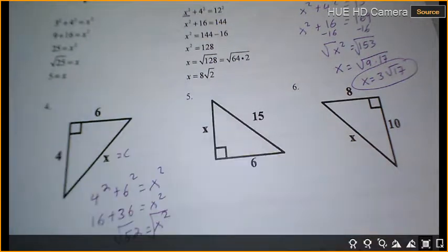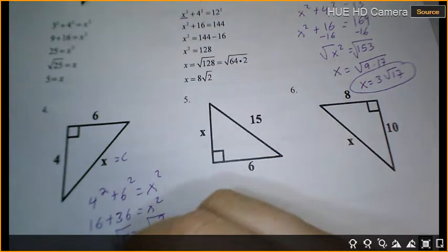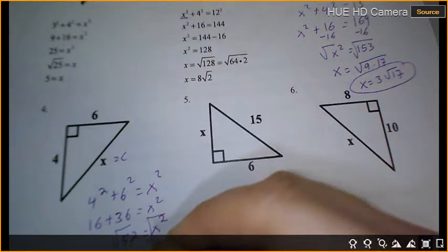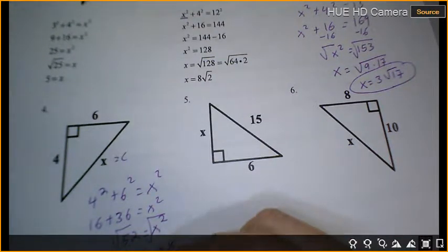It's not a perfect square, right? So what number do we think goes into 52 evenly? 4. Yep. So we get the square root of 4 times 13 equals x. So we get 2 square root 13 equals x is our answer.